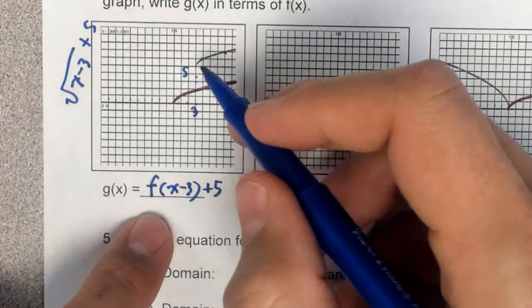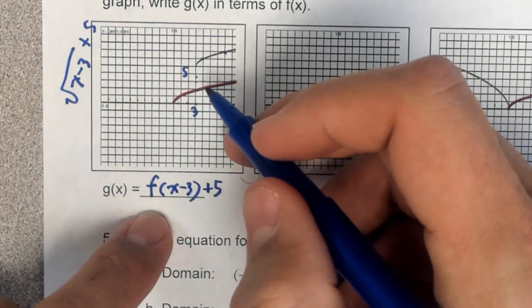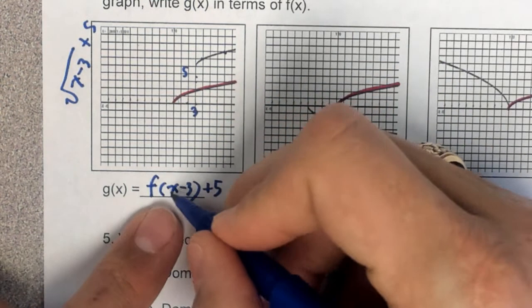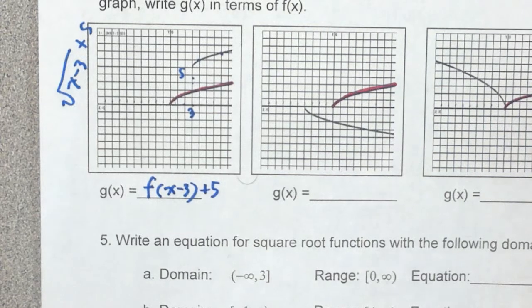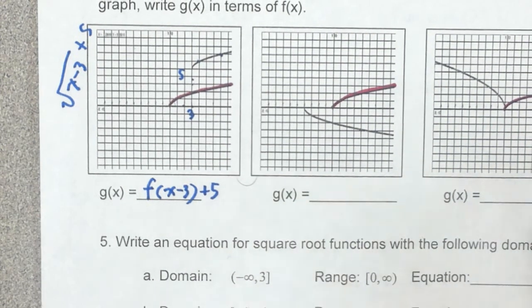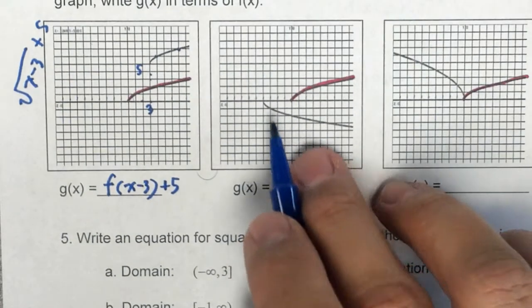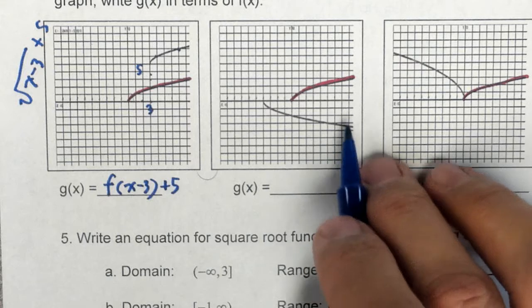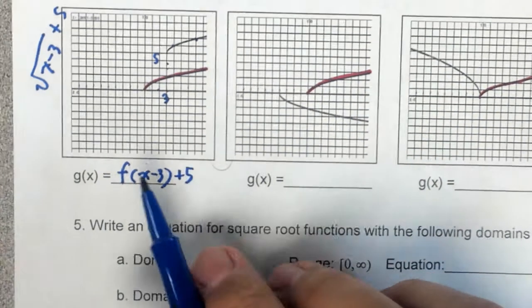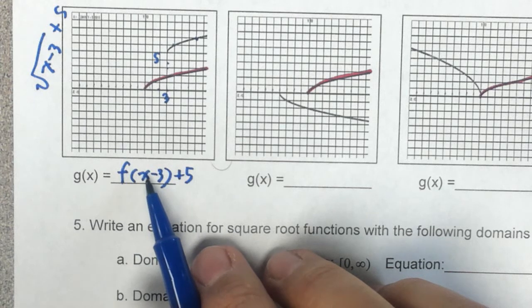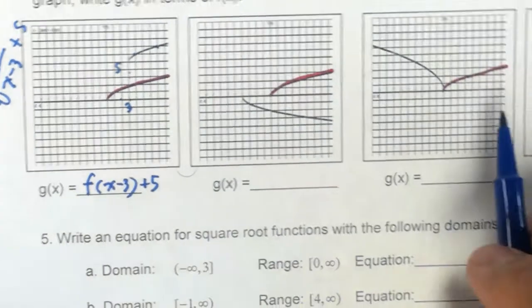If a stretch or compression is included, you put those in front of the f or in front of the x. There is a reflection across the x-axis, which means you can put a negative in front of the f or a negative in front of the x, depending on which one is appropriate.